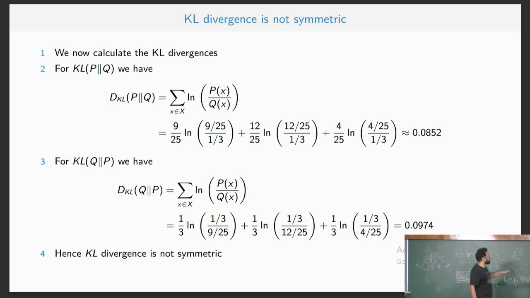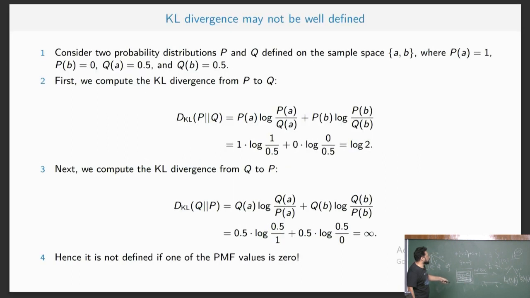KL of P Q is not necessarily the same as KL of Q P. You also cannot say that one is always greater or less, it depends. So this is the proof with an example that KL divergence is not symmetric.